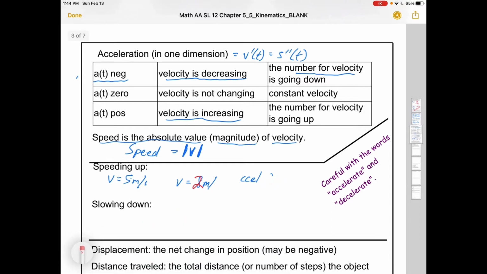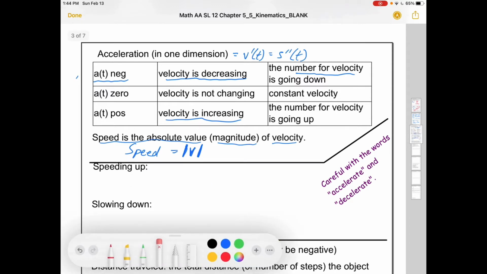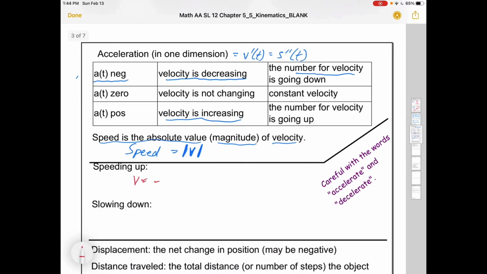The part that tends to cause grief, and again, we'll have some nice demos of this in a minute, is what if your velocity started off at negative 2 meters per second, and then it became negative 10 meters per second? Well, your speed would be going from 2 meters per second to 10 meters per second.